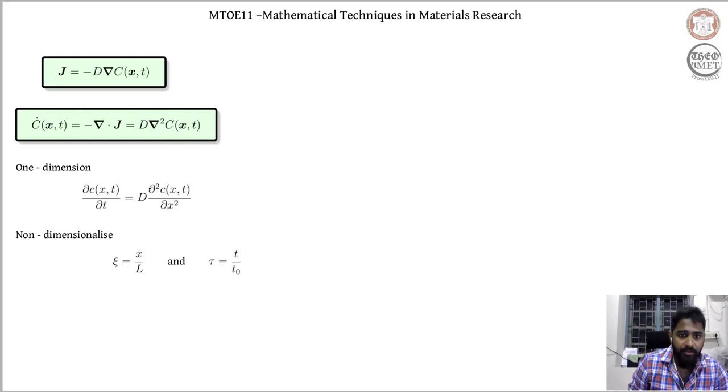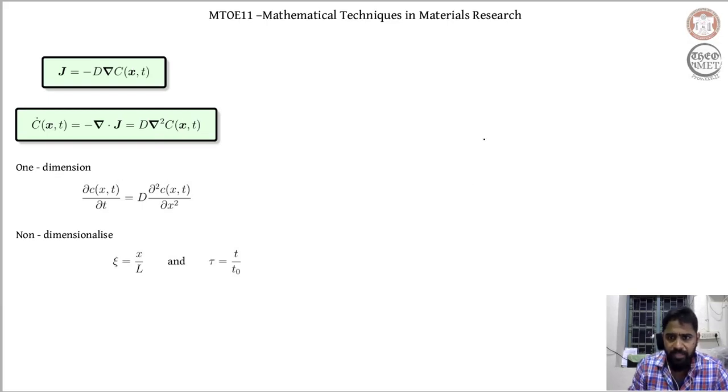We begin by non-dimensionalizing my position, or the distance x. In a one-dimensional system, my position can be described by my distance from the origin, which is given by x. So using my length L, I'm non-dimensionalizing it.